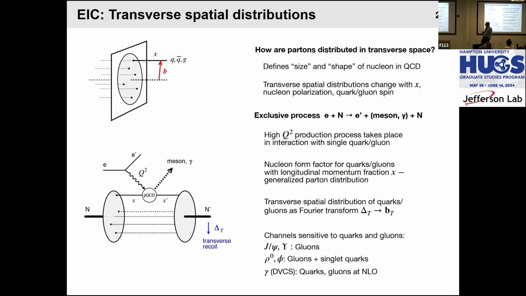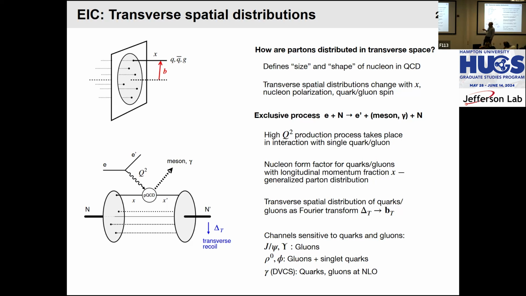Now, this transverse spatial distribution of partons can be measured in exclusive processes, the type indicated here, where in the final state we have now just the scattered electron, the nucleon itself, which recoils elastically, and some system that is produced like a meson or a photon. So this is a completely different final state compared to the exclusive processes we had before.